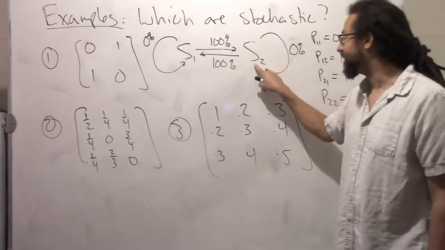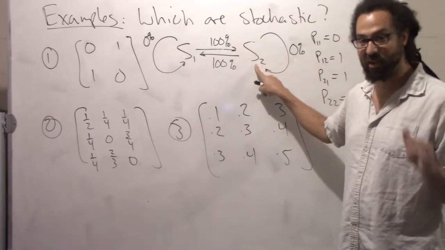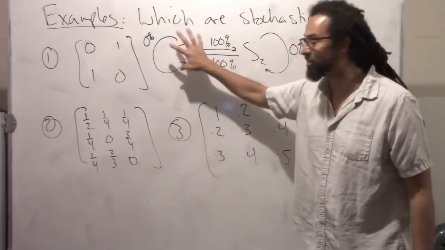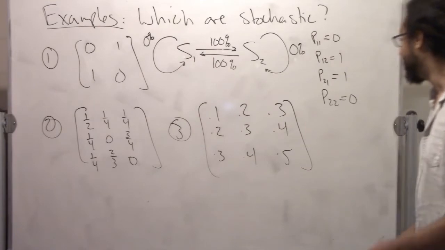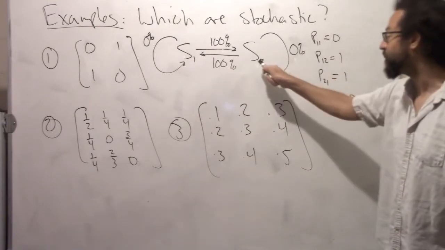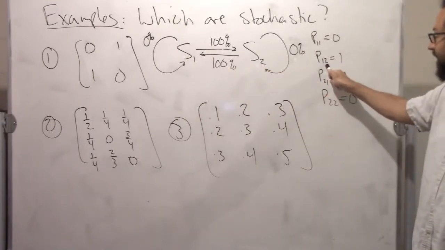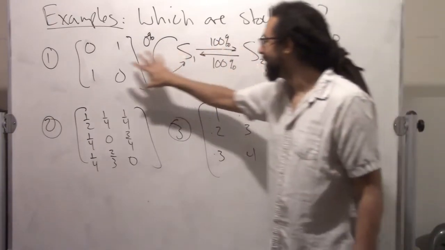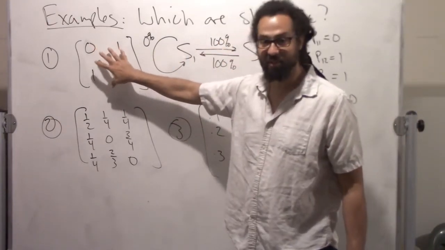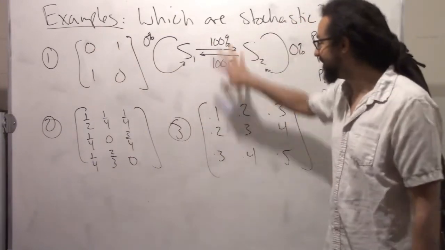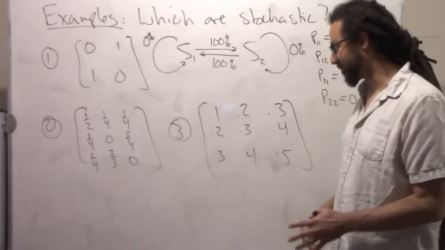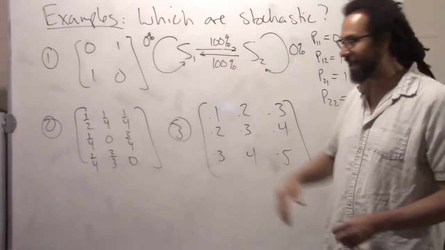So if nothing in state 2 is going to remain in state 2, that means everything in state 2 has to move to state number 1. So there's a 100% chance that we will go from state 2 to state 1. And here's a diagram of what this matrix is representing. When you see these diagrams, then you know how to write it down in matrix form. We'll see an example of that in a bit.